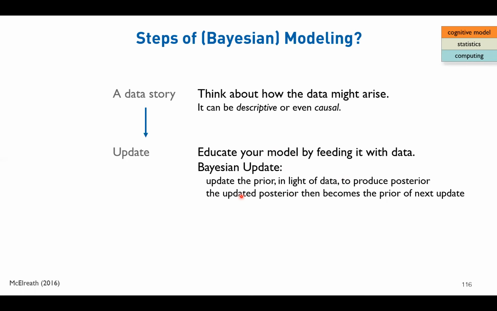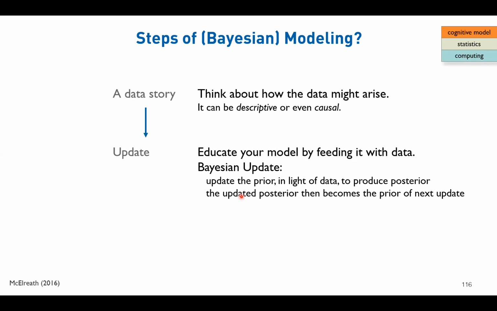I guess this makes sense, right? You have a data story, you have a prior, and then you do one experiment, one trial, and you use this one trial of data to educate your model, and then you have a posterior. And then the posterior becomes the prior of the next trial. And then you use the data from the next trial to educate the model. This goes on as many times as the number of your experiments, of your trials.